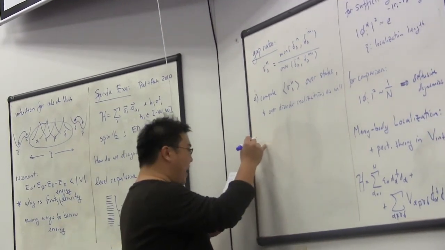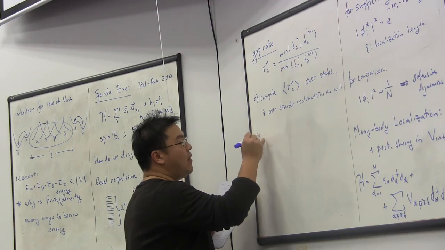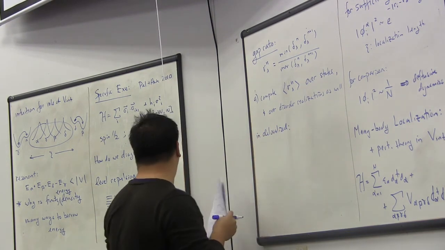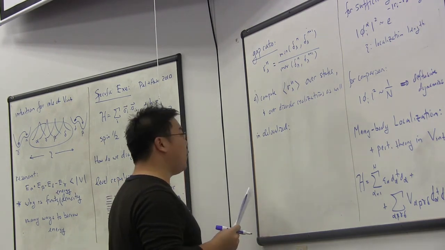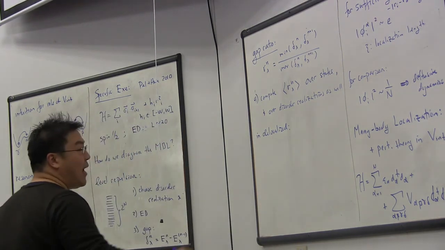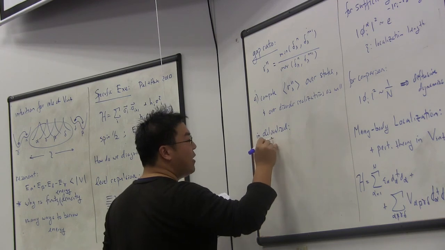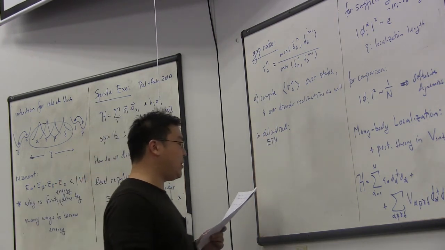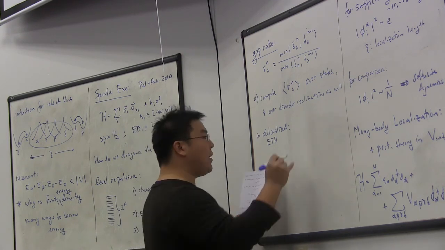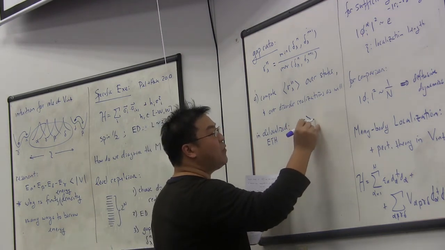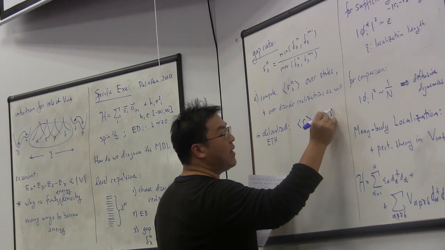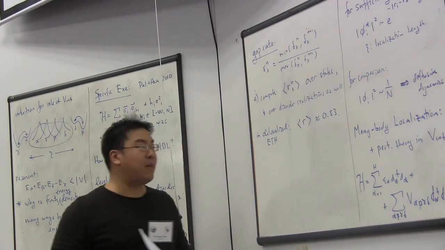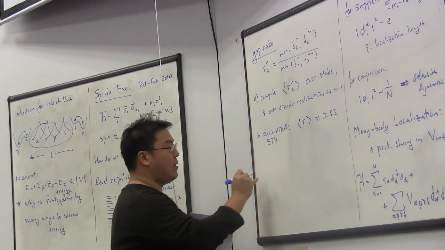Once you compute that average, it turns out that, exactly coming from the microscopic intuition related to level repulsion, in the delocalized or ETH phase, compared to the MBL phase, one has 2 different expectations. And in particular, in the delocalized phase, one expects the average R to be approximately 0.53, satisfying something known as GOE statistics.